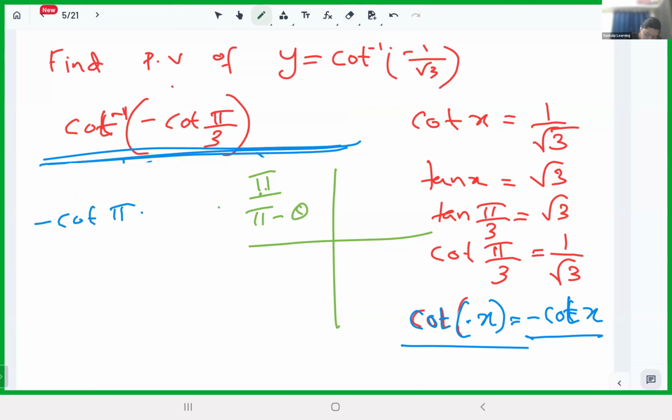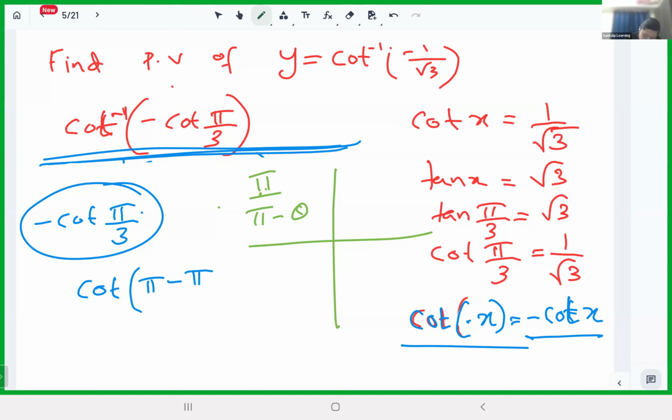So here we are going to apply the reduction formula. If I write this as cot of pi minus pi by 3, since this is the second quadrant, the value will be minus cot pi by 3. So if I write cot of pi minus pi by 3, then it will become minus cot pi by 3.